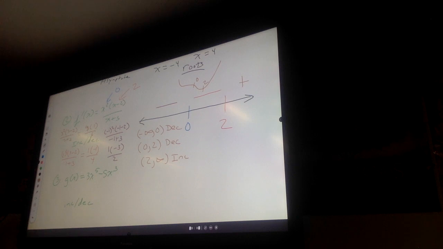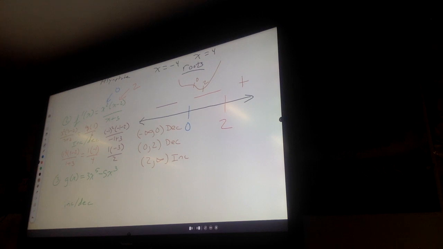So why did it go to 0 for the decreasing? It stopped at 0 and started at 0. What's the slope at 0? What did I just say? Decreasing? What's the slope? Is it positive, negative, 0?